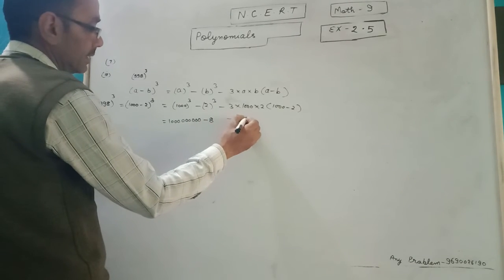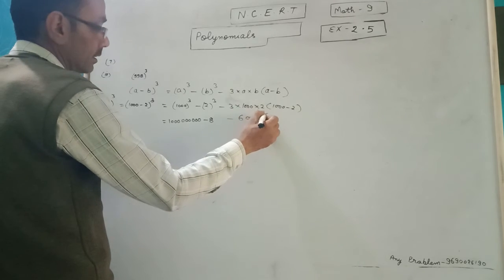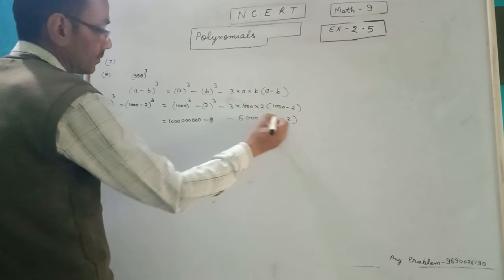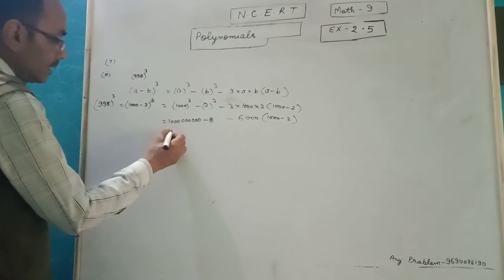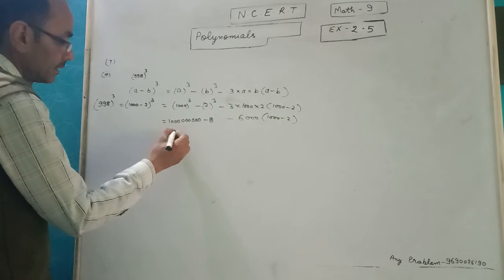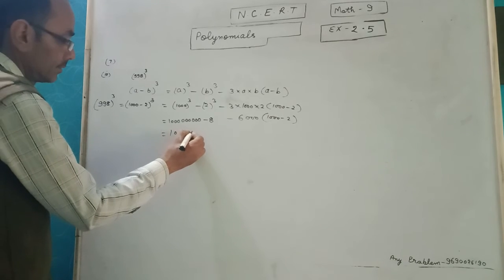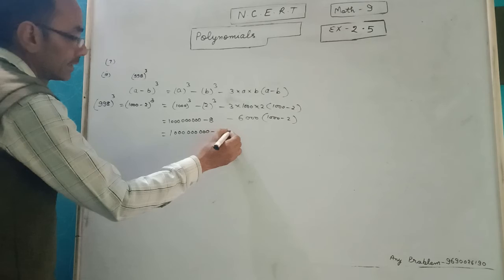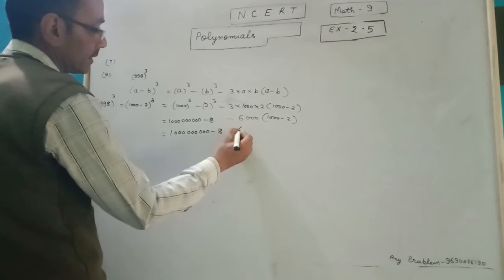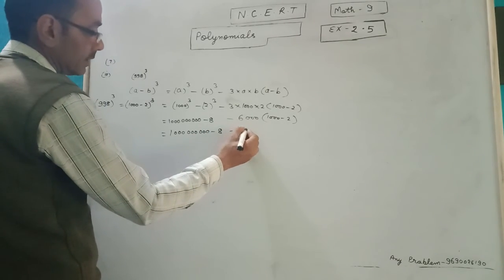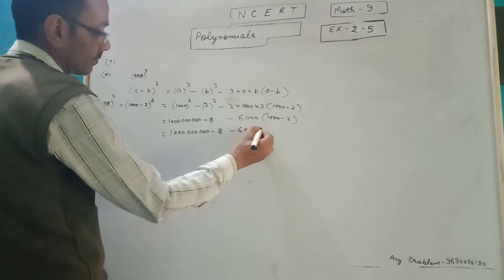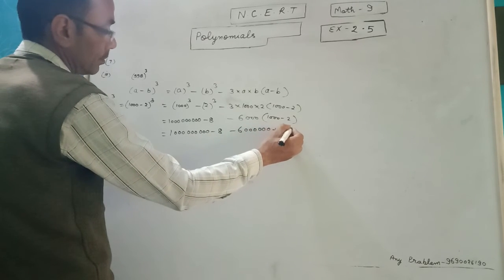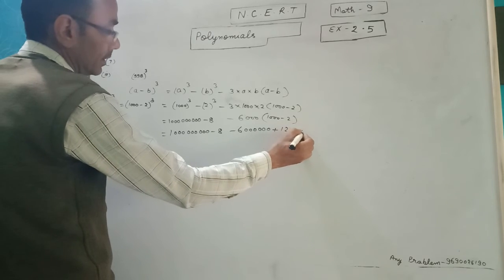After multiply, 600 into 100 minus 2. After 1,000,000 minus 8, minus 600 with 98, minus minus plus, 600 into 2 is 1,200.